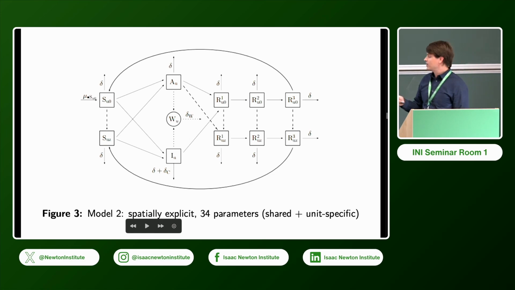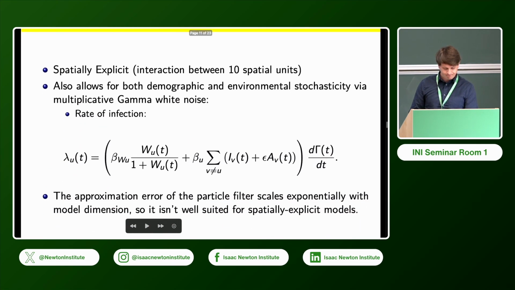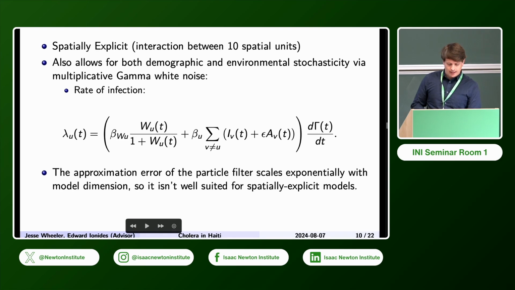So this model is spatially explicit for each of the 10 administrative departments that we have, and there are parameters that are shared across all 10 units, but then there are also parameters that are specific to each unit. So in total, there are around 34 parameters for this model. Again, we're going to allow for both demographic and environmental stochasticity, and this is the rate of infection as I described.